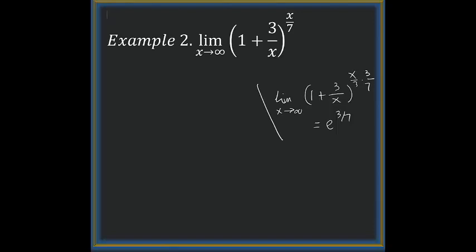But let us do this using L'Hopital rule. So what we do, we first write y equals limit x approaches infinity, (1 plus 3 over x) to the x over 7. So this basic shape is like when x approaches infinity, it is going like 1 plus to the infinity type.